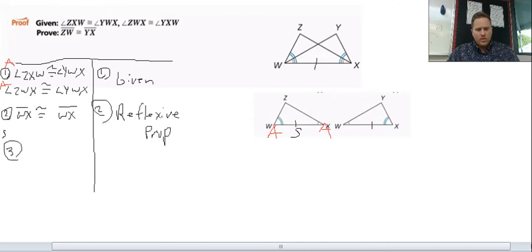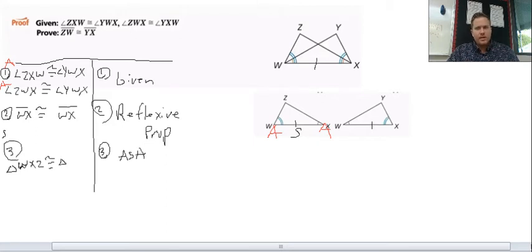So how do I know that these triangles are both congruent? Well, I know that they're congruent through my angle, side, angle. Okay, so I'm going to do triangle WXZ is going to be congruent to triangle, and make sure they have to go in the same order.